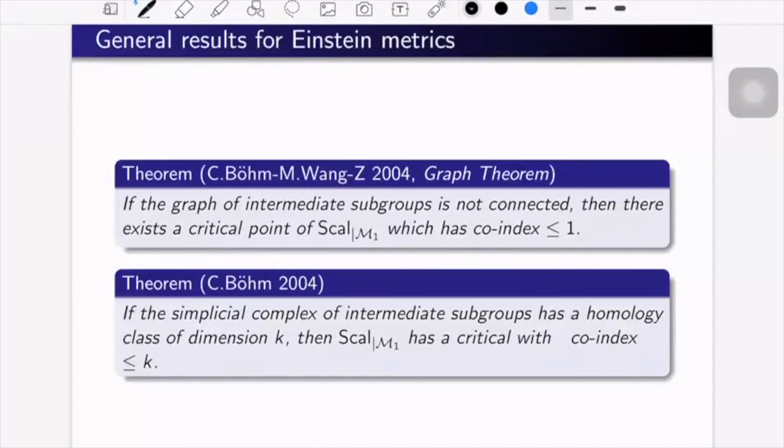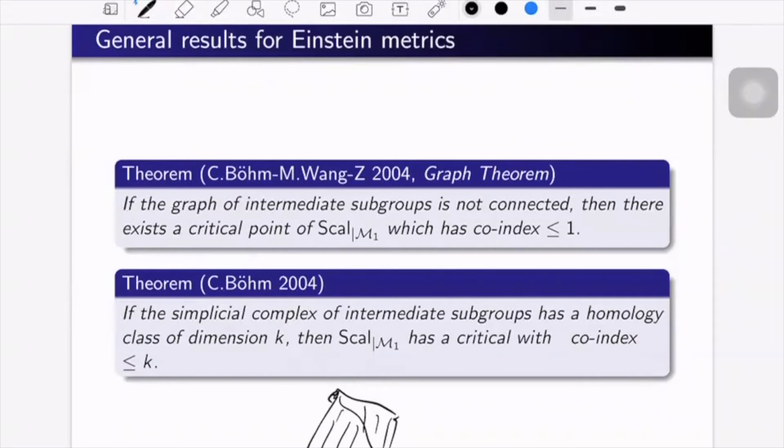Christoph Böhm continued this kind of subject, and he constructed a simplicial complex. So if I have three groups, one containing the other, like in the previous picture, I can fill in a simplex. If I have more groups in between, I might get some higher dimensional simplices. If the simplicial complex that I construct in this fashion has topology, then I also get a critical point of higher co-index k.